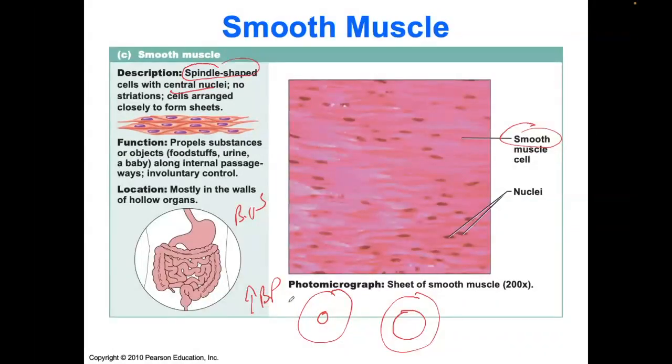When it constricts, the blood pressure goes up. When the blood vessel dilates, you get decreased blood pressure. And all around the lumen is smooth muscle. And that's what's going to constrict or dilate the lumen of the blood vessel to increase or decrease blood pressure.